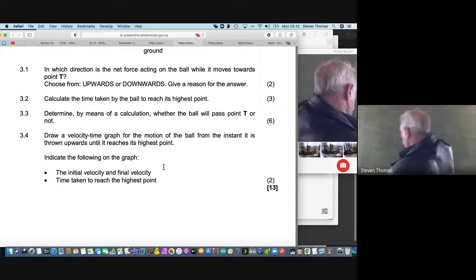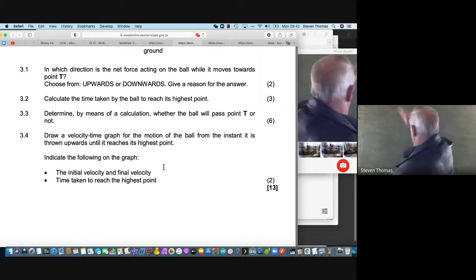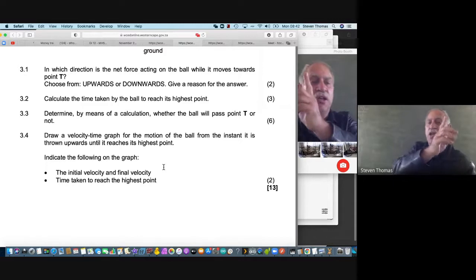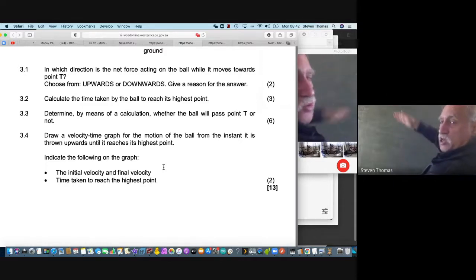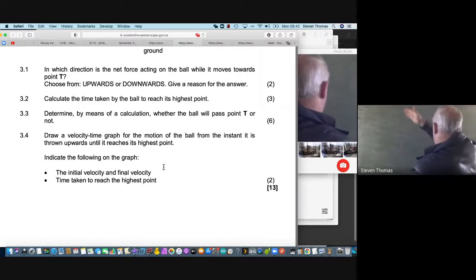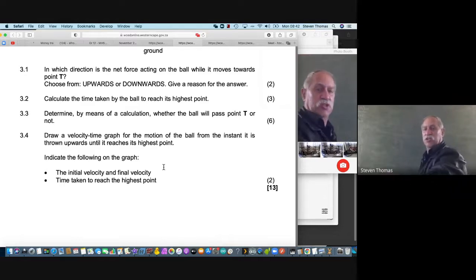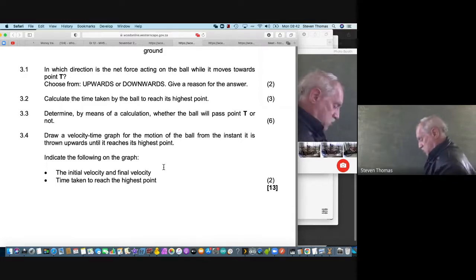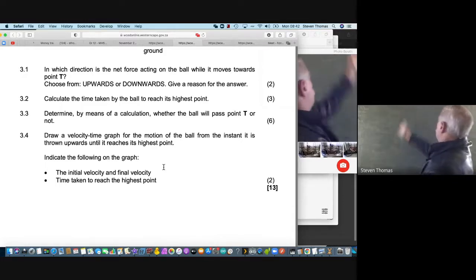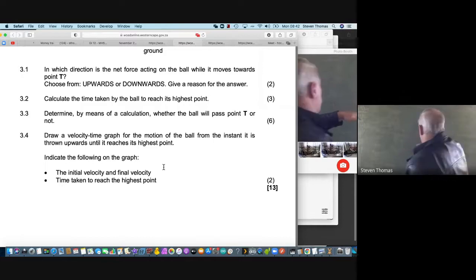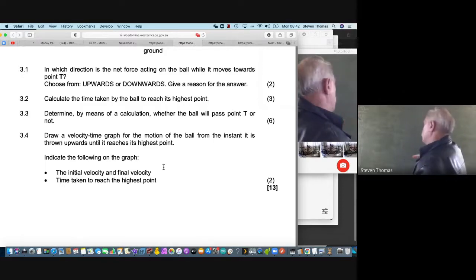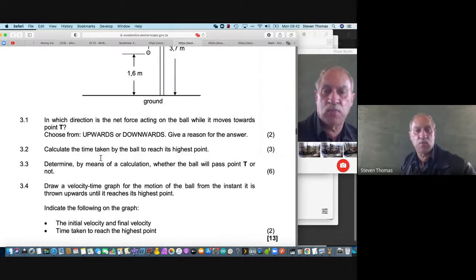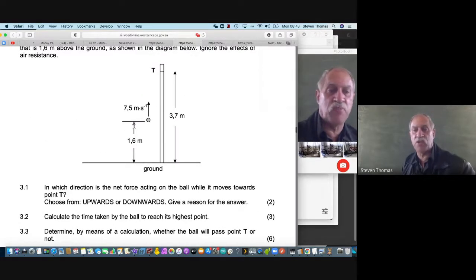When you draw velocity-time graphs, if you've chosen downwards as negative and upwards as positive, you take your right hand and move it diagonally down, and that is what your velocity-time graph looks like. It's always diagonally down. So you're going to have velocity on the y-axis and time on the x-axis, and your starting velocity of the ball is going to be your 7.5 meters per second.